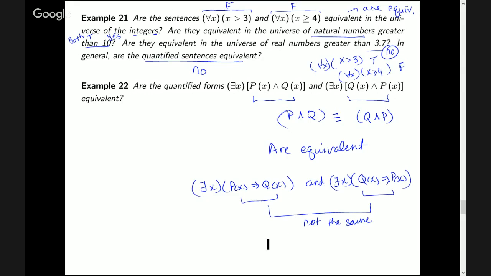So that means these are not equivalent. Order matters on implication. Okay, you have homework problems like that. Can you do those? I hope.